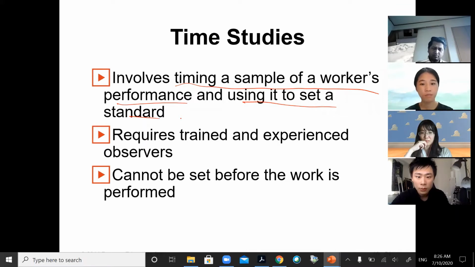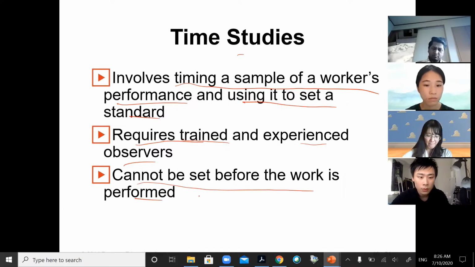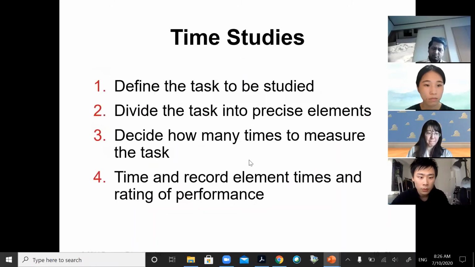But of course, to do time studies, it is professional, detailed work. It requires training and experienced observers, for a real production line. And you cannot set it before the work is performed. That means you have to have the work, and only then take the time, okay?